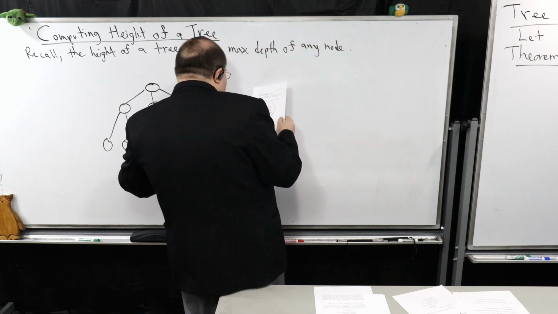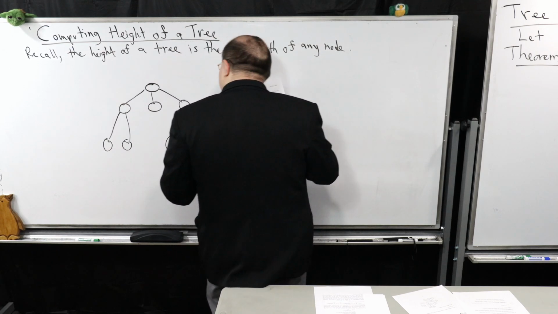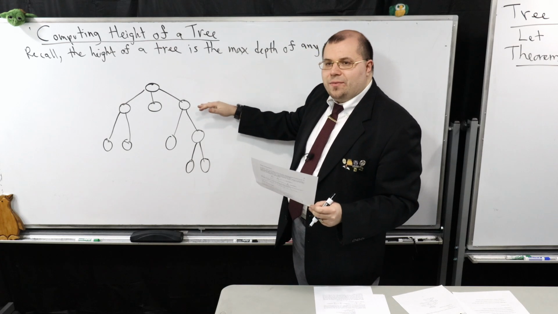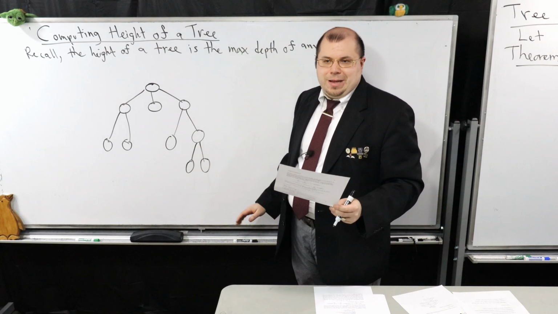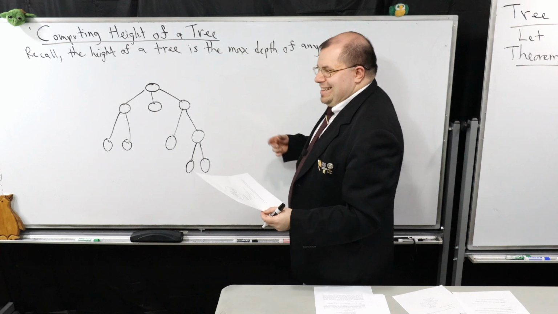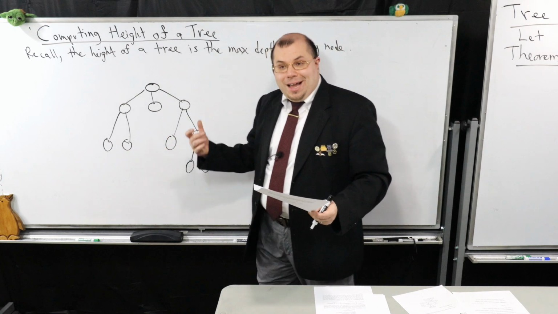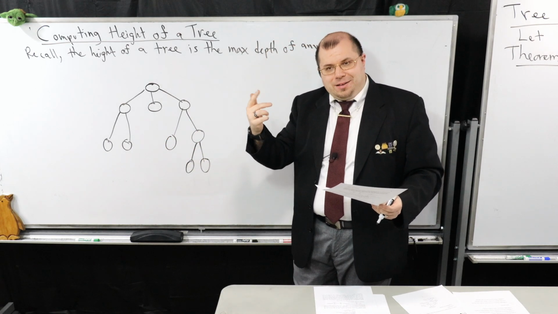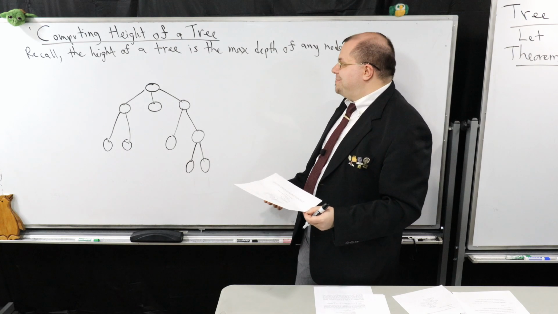One thing I do want to point out is that typically when we draw trees out, we line them up by level. You don't have to draw it like that, but it makes it very easy to read. That's just a point of advice.